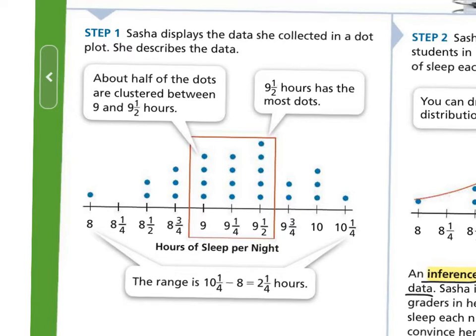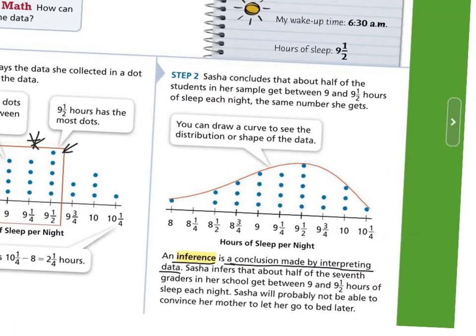And then the range is 2 1/4 hours. So with about half of the numbers really close to the amount of sleep she got, and 9.5 being the mode here, it's not looking too promising to convince a change in bedtime.